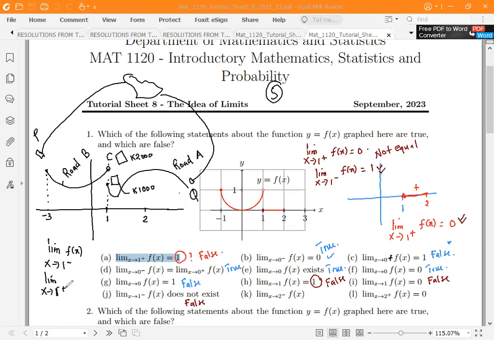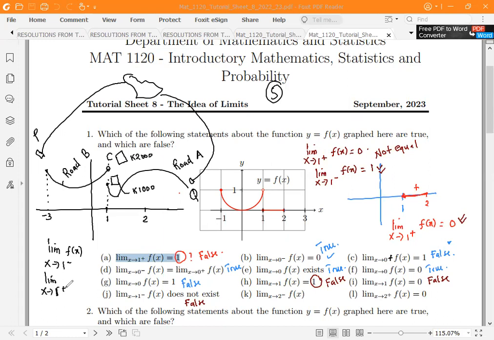So the question again is, do they sleep in the same hotel, even if they have used different routes? If they are sleeping in different hotels, it means that the limit does not exist. There is no equality there, because others will overspend. You would be comfortable if whichever route they use, they will sleep in the same hotel.